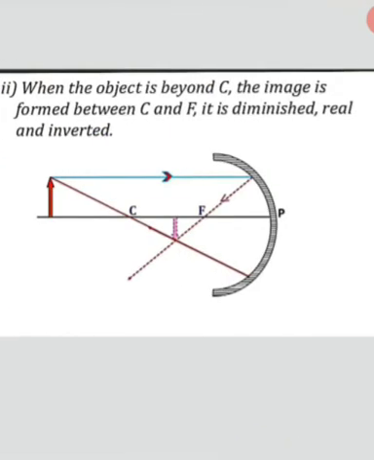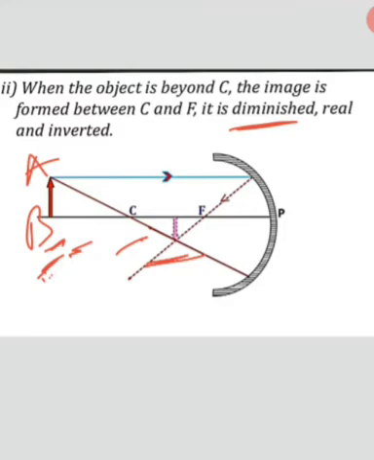Next is, when the object is placed beyond C, this is C and the object is kept here beyond C. Let us suppose that its name is AB. Then its image is going to form between C and F, and the size of the image will be diminished, smaller than the object. You can see that AB is tall, while this image, B dash A dash, is smaller than the object.